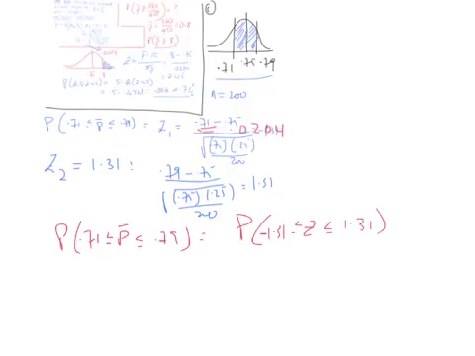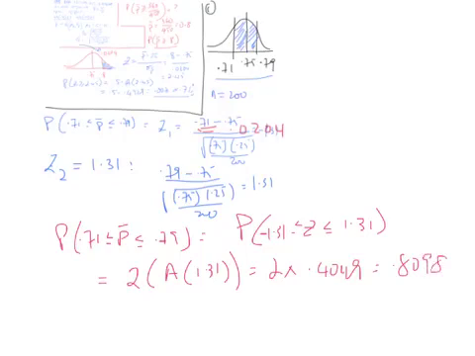Because the area would be the same on both sides, this would simply be twice whatever the area is associated with 1.31, which is twice 0.4049, which gives us 0.8098.